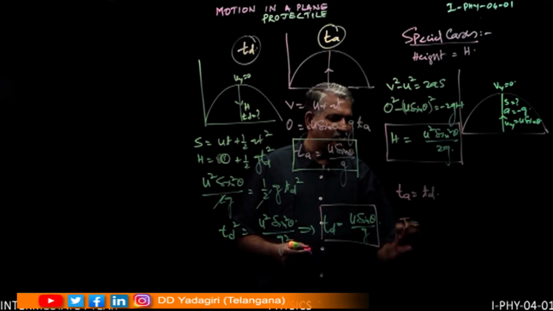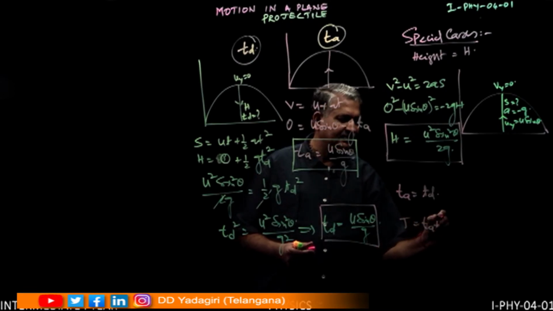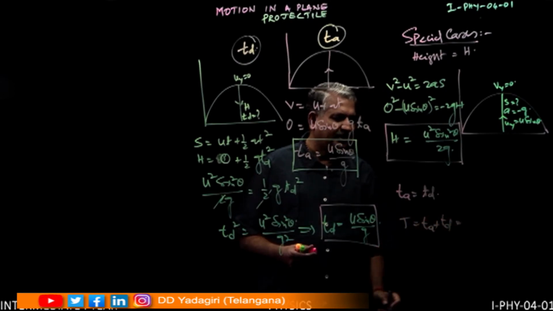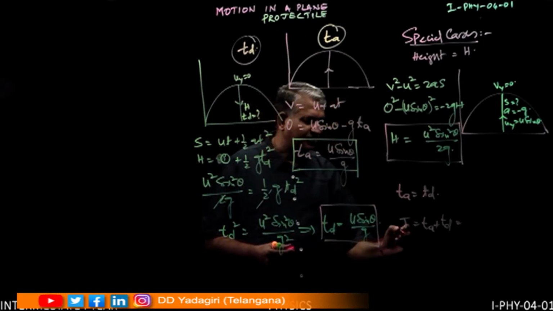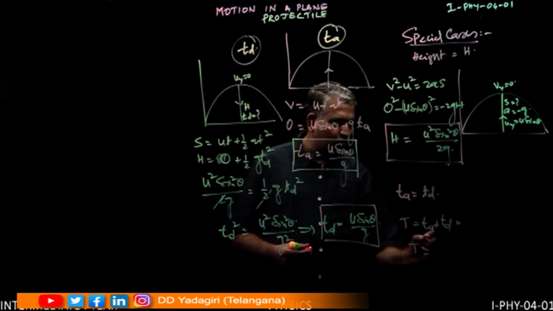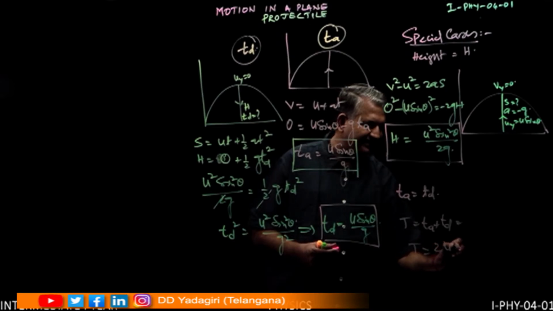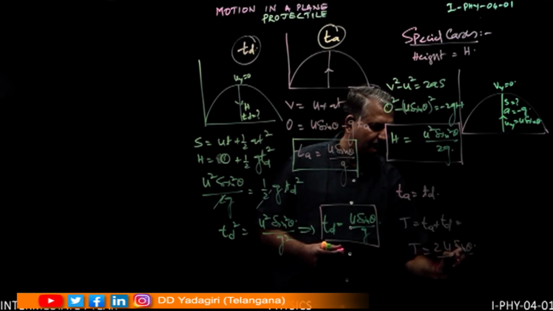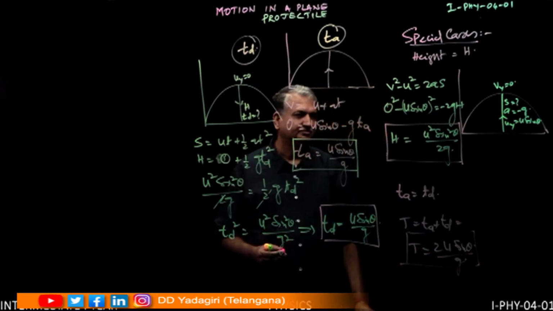The total time is called time of flight. Ascent plus descent is called time of flight. How much is this? It is 2 times u sin θ / g. So this is called time of flight.